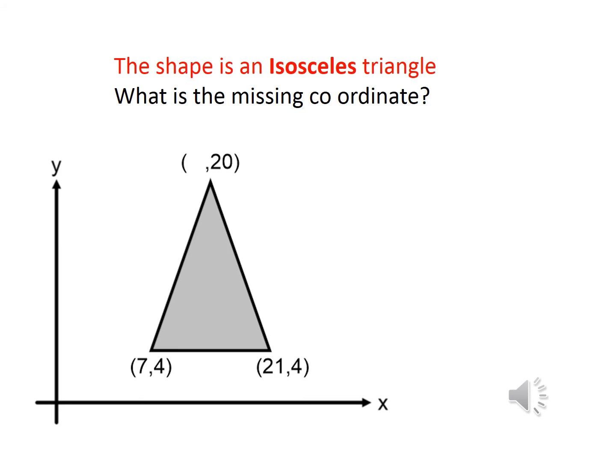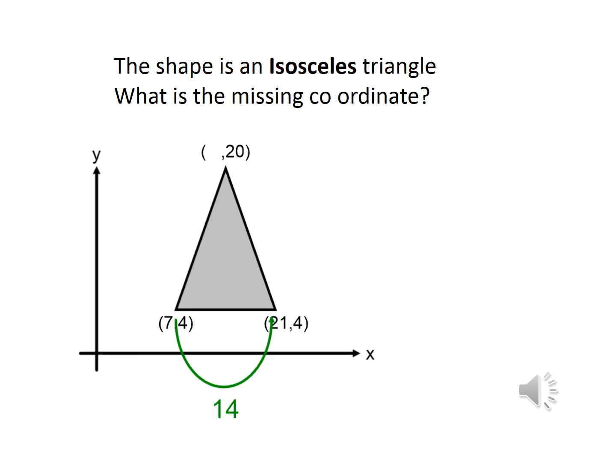The shape's an isosceles triangle, which means that both of those angles at the bottom are the same size. It means that those two long sides are exactly the same length, and that's quite important for us. It's important because if we look at the jump from the coordinate 7, 4 to 21, 4, and just look at the x-axis coordinates, it's a jump from 7 to 21.